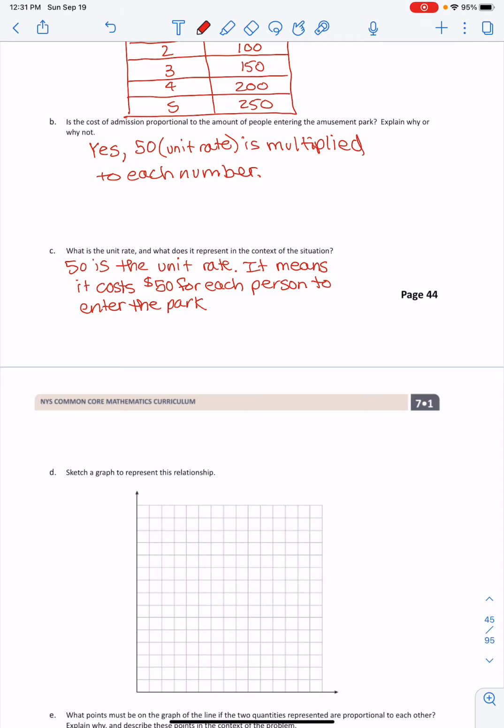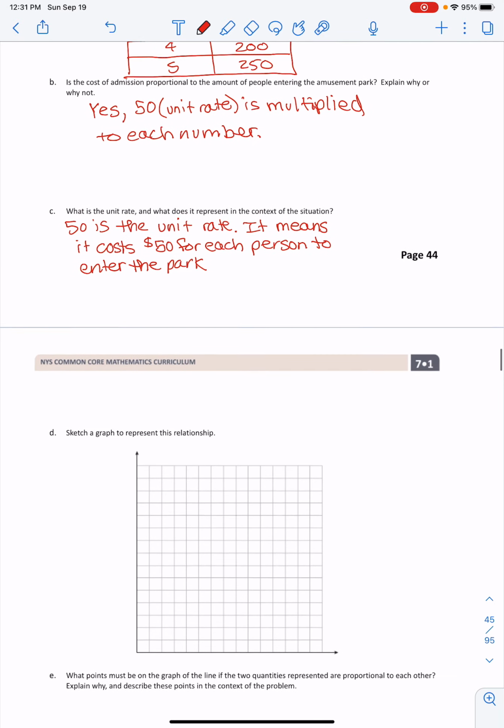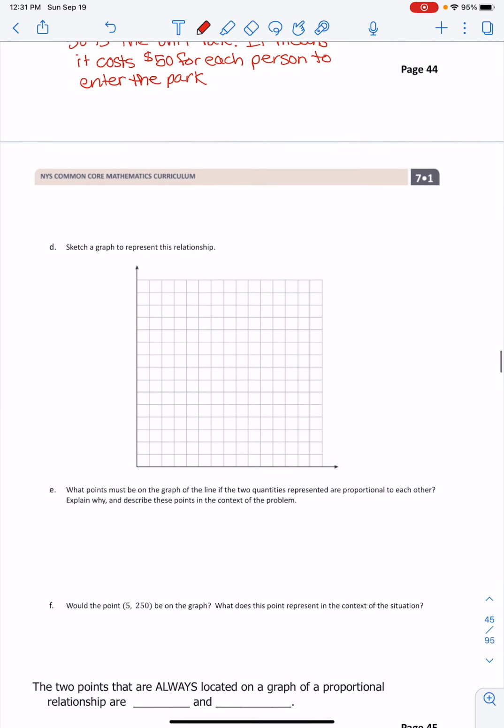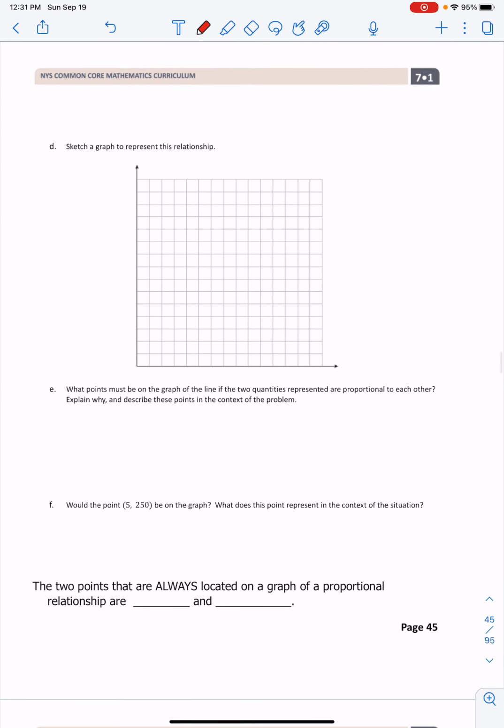Next, it says sketch a graph to represent this relationship. Okay, so we have 5. Down here, we're going to put people. Here, we're going to put cost. So again, let's do this evenly. We have 1 through 5, so let's put that here.